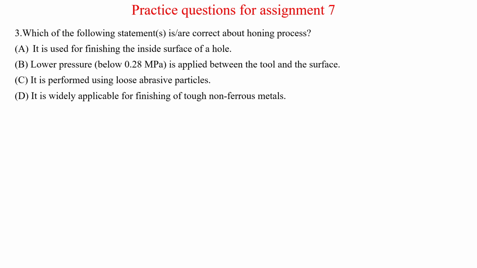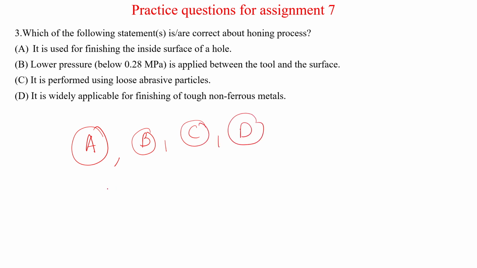Sir, A is correct. Okay, fine. I'm writing all three. You say which are correct, which are not correct. A is correct, you are saying, right? What about B? See, I have told you that honing and super finishing are almost same, but in super finishing some differences are there.